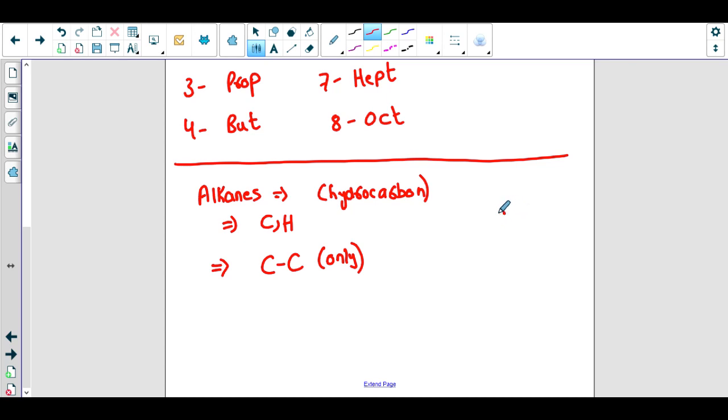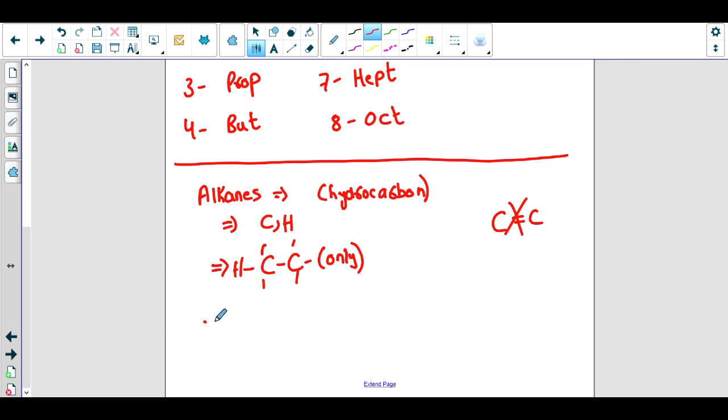For example, if a compound has a carbon-carbon double bond, it can be something else, but it cannot be an alkane, because the rule says if you want to come in the alkane family, you must have carbon-carbon single bonds, and the others can only be hydrogen.